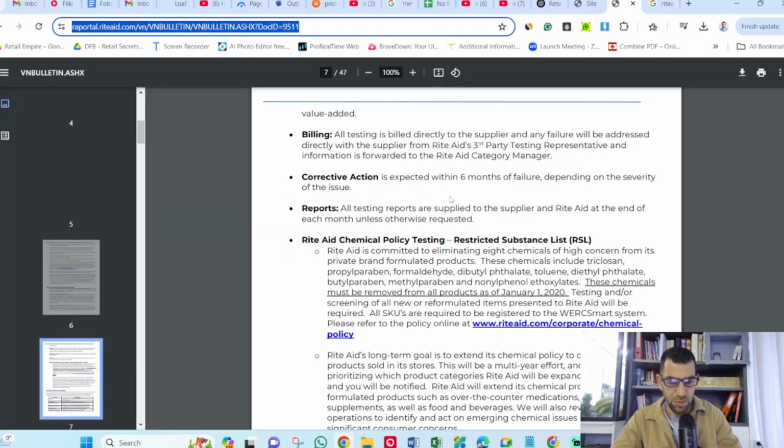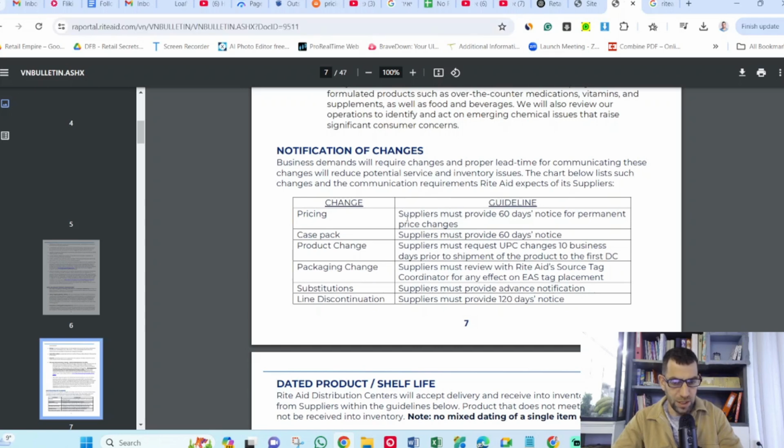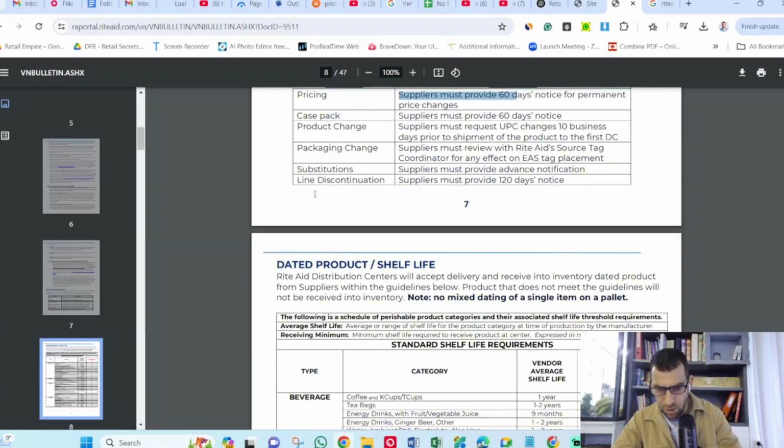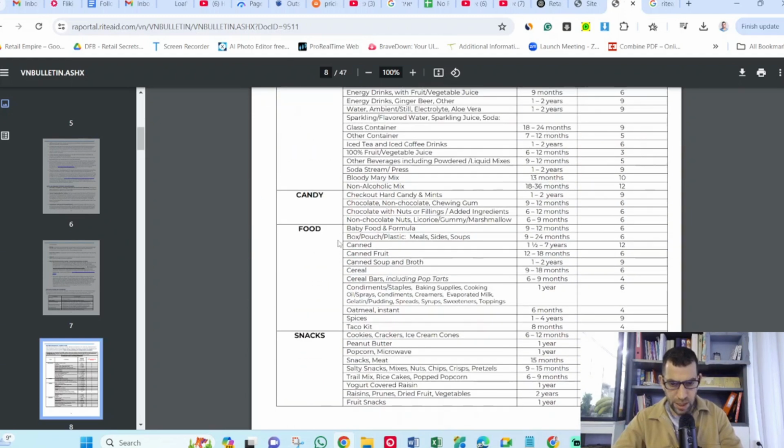So you can always go back here for any specific thing that you want to see. And by the way, if you look at pricing, for instance, supplier must provide 60 days notice for permanent price change. This is something you want to know. Okay. This is about notification of changes. So you just quickly go over this and say, okay, I don't plan to change any of this. So here we go. Next thing.